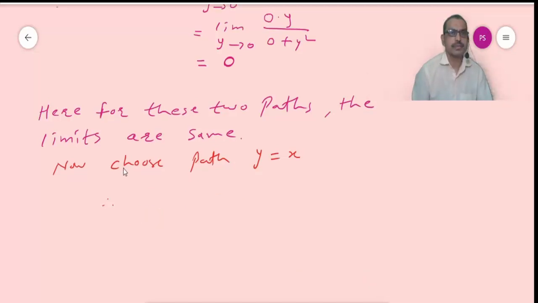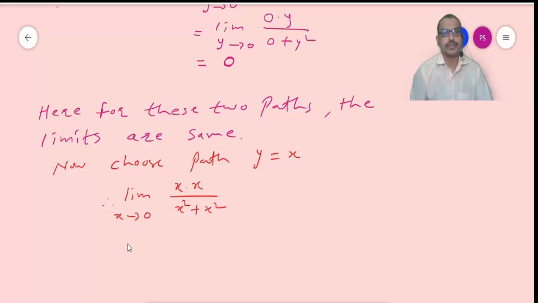Therefore, the limit of x into y, here put y is equal to x, upon x square plus x square, as x tends to 0. Then this is equal to the limit x tends to 0, x square upon 2x square. Then here the value of the limit is 1/2.